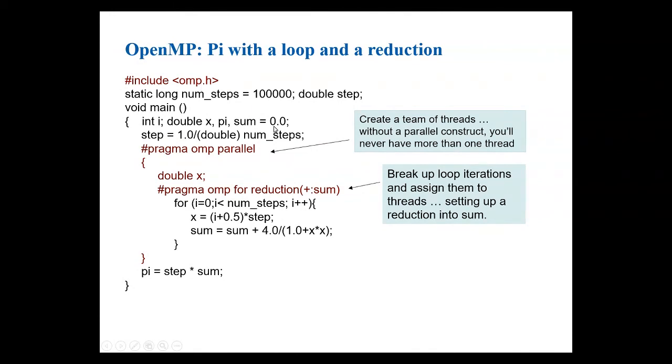Otherwise the rest is exactly the sequential code you have. What we want to do is parallelize this for loop, so we start with pragma omp parallel. At this point it creates a team of threads, and from here you start a parallel region.